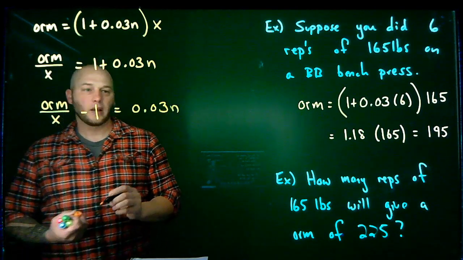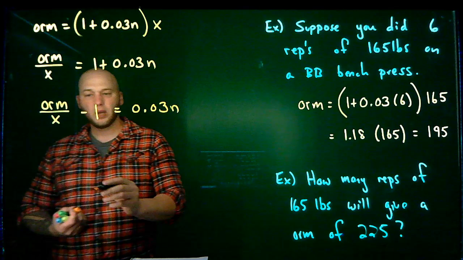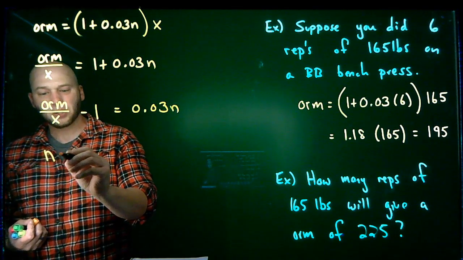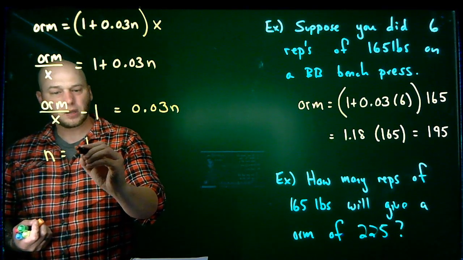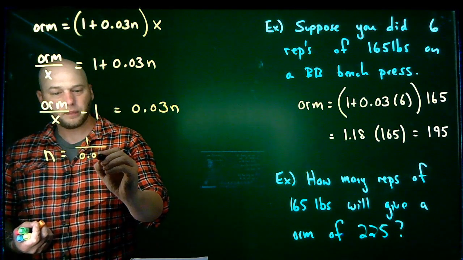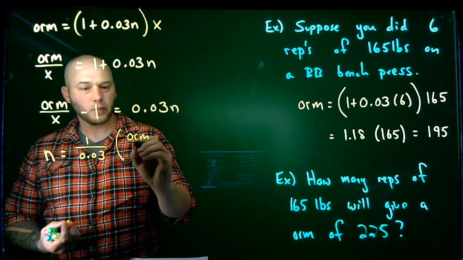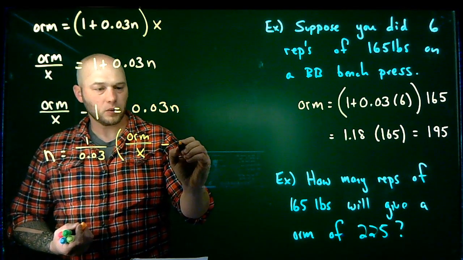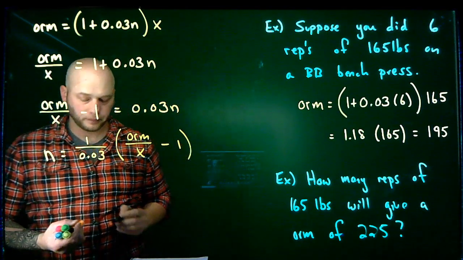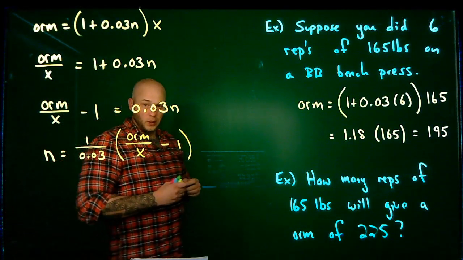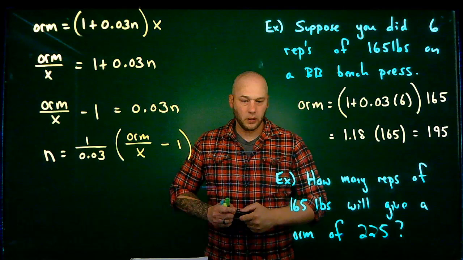Okay. And then I'm going to divide by 0.03. So I get the number of repetitions is going to be the reciprocal of 0.03 multiplied by the 1 rep maximum over x minus 1. And let's go ahead and plug numbers in.